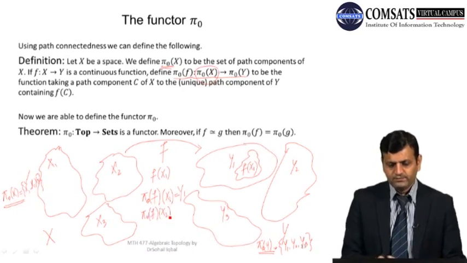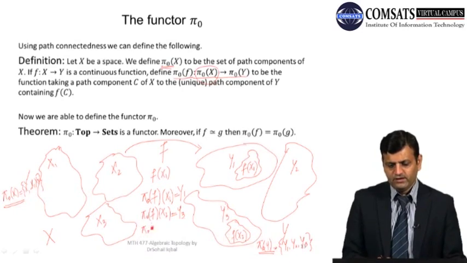Once again X2 is a path component, in other words it is path connected. So the continuous image of a path connected space is path connected. So for example it's contained in this set Y3. So this is f of X2. It is a path connected subset of Y3, so the image will be Y3.